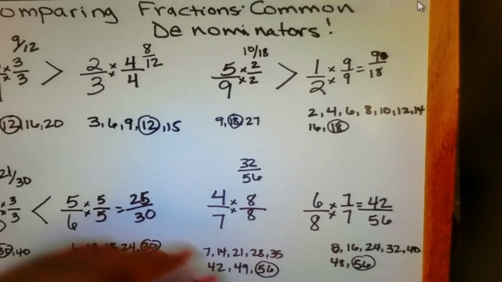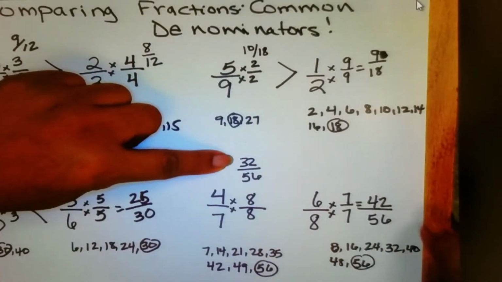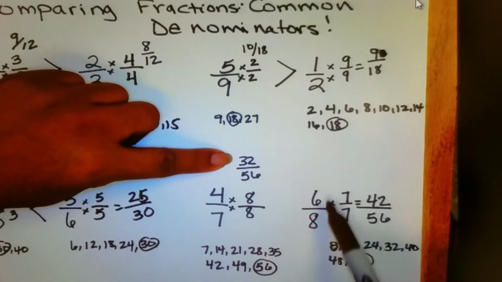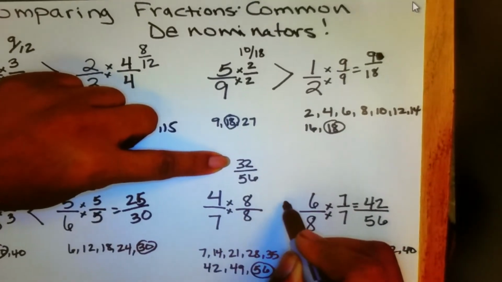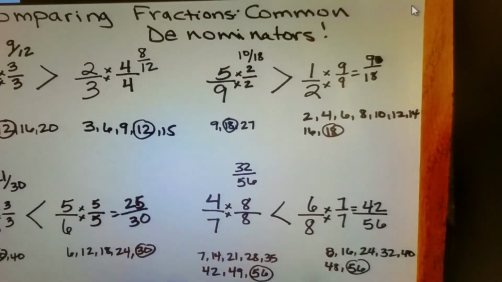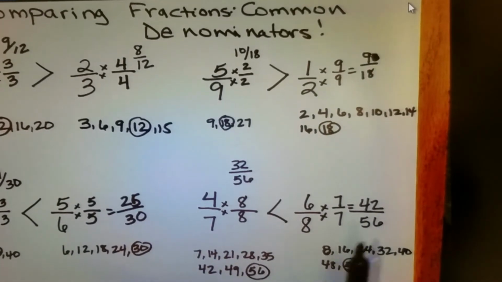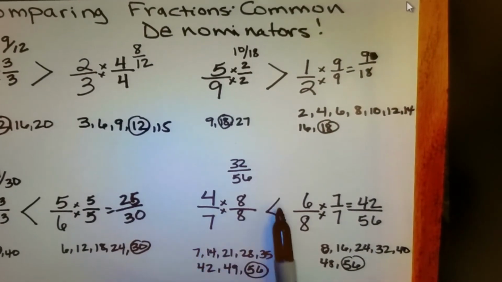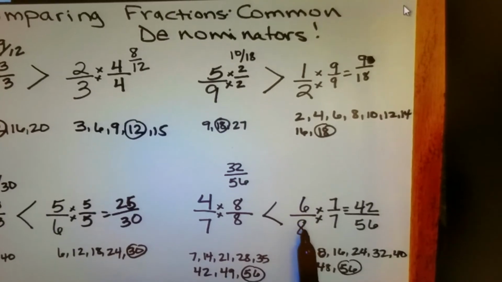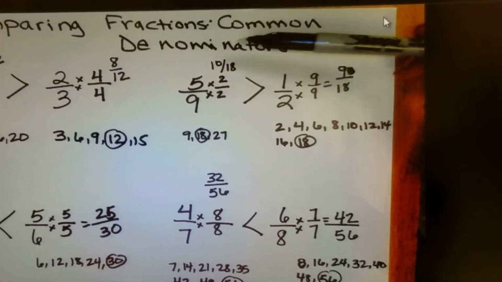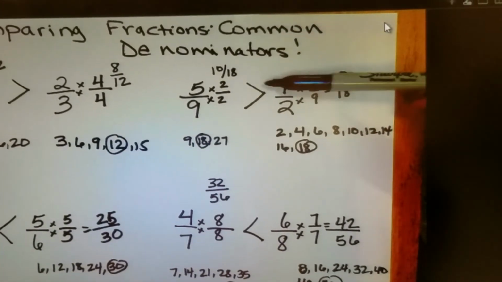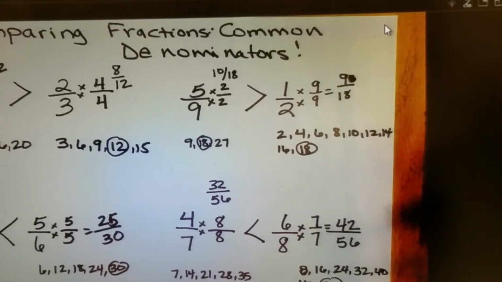As I can clearly see, this one is 32. This is 42. 6/8 is larger than 4/7. So when I read this number sentence, it will say 4/7 is less than 6/8. This one here says 5/9 is greater than 1/2.